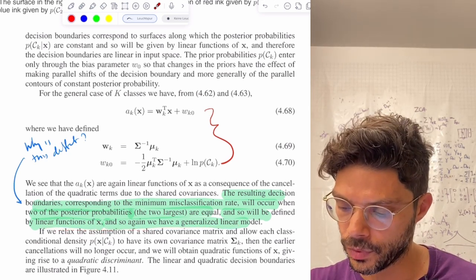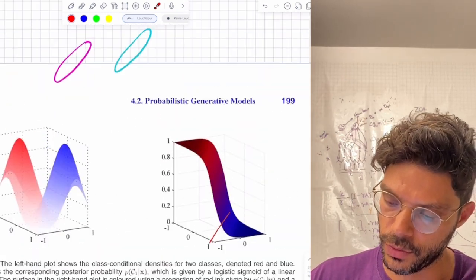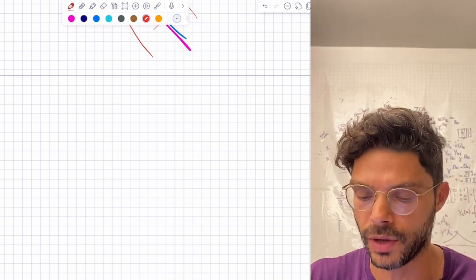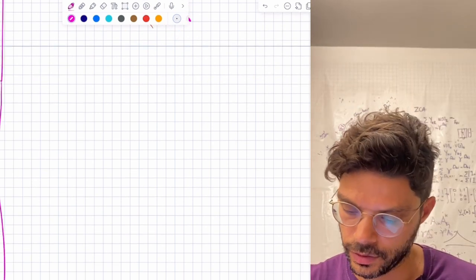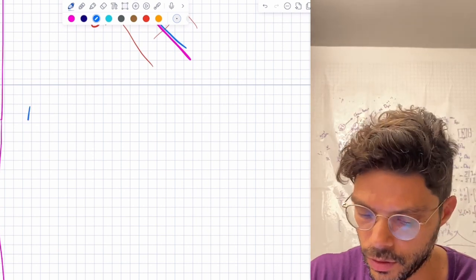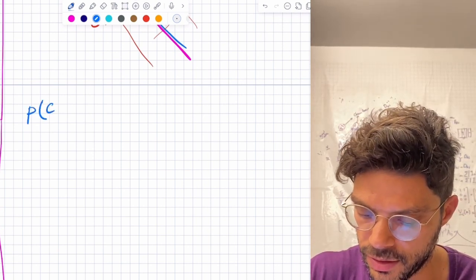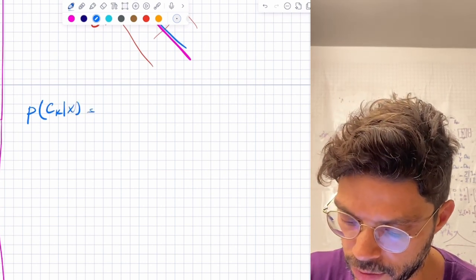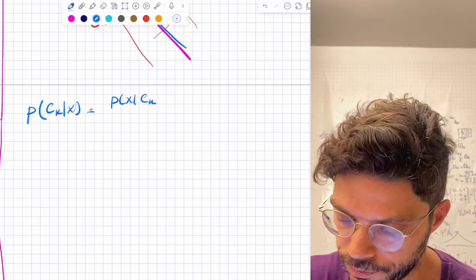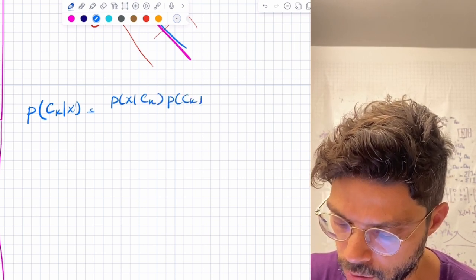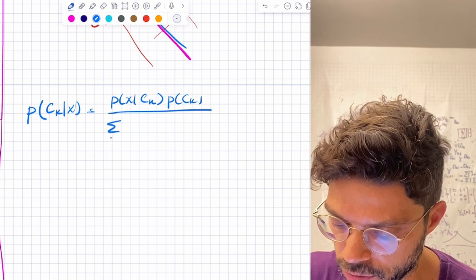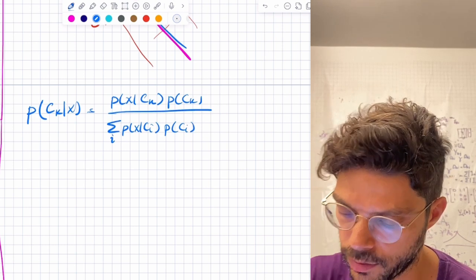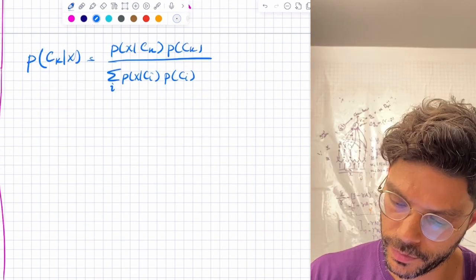Okay. So let's derive that last bit. It becomes slightly different. So what is P of C_K given X? Well, this is again the same idea, but now we're going to have multiple classes, so let's call the index i.